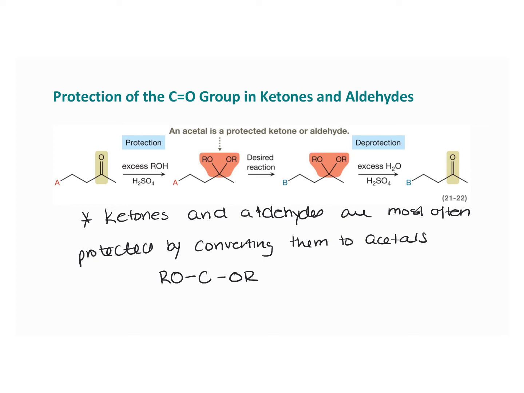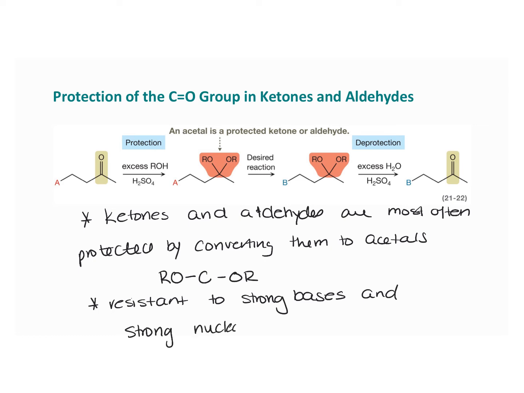Acetals, like ether, are going to be really resistant to strong bases and strong nucleophiles. And if you want to revisit this subject, you need to go back and review chapter 9, right? They're also resistant to oxidizing and reducing agents.